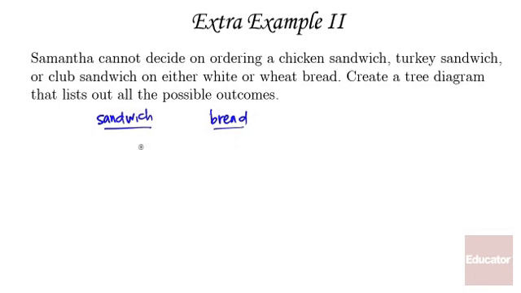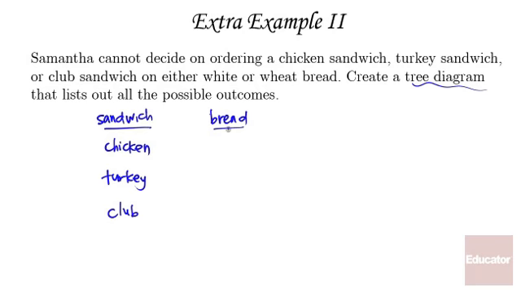So for the first event, I'm going to list it out. And again, I'm drawing the tree diagram, right? So the first event is going to be between chicken. Give yourself some space between each. Turkey. And the club. And then I'm going to branch out from chicken.